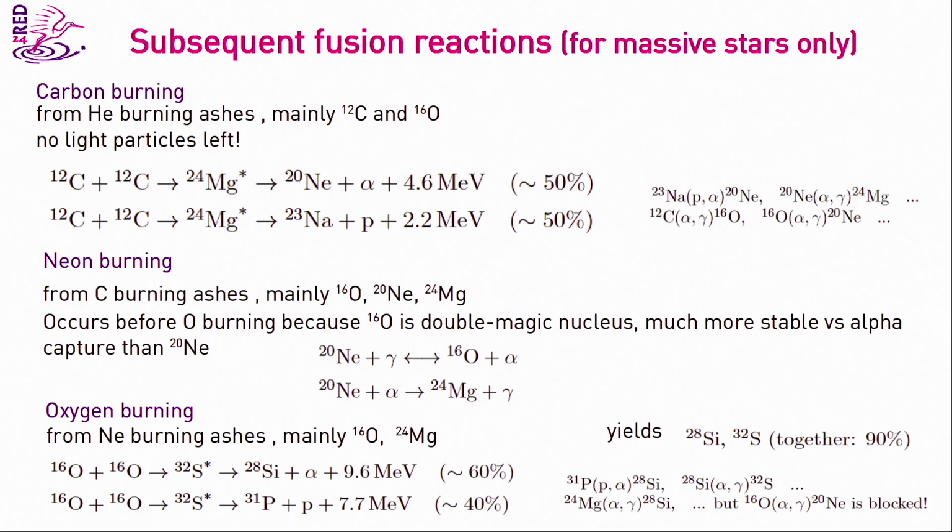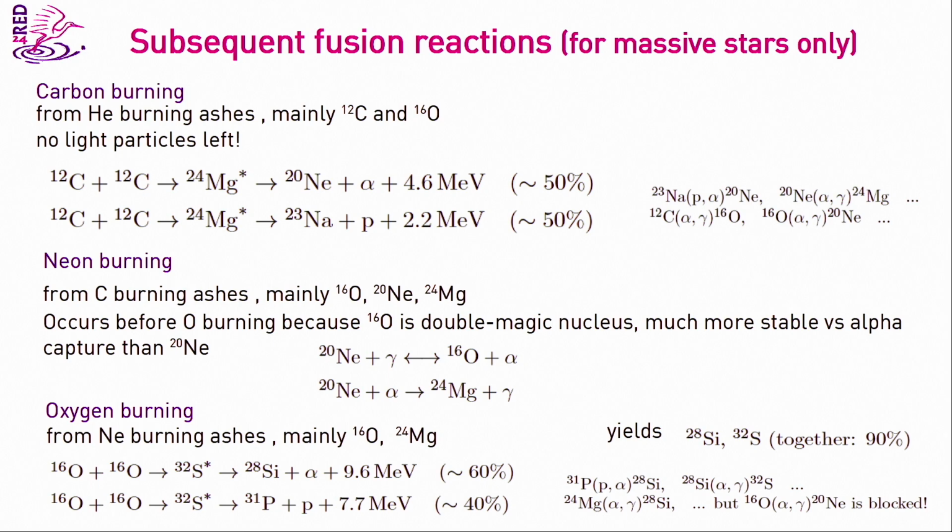After carbon, it's not oxygen that will fuse, because oxygen is a double magic number nuclei, meaning that you have closed shells of neutrons and protons inside the nucleus, which makes it very stable. So it's difficult to fuse. You need more energy. So you first fuse neon from the carbon ashes, and you will mainly produce oxygen and magnesium.